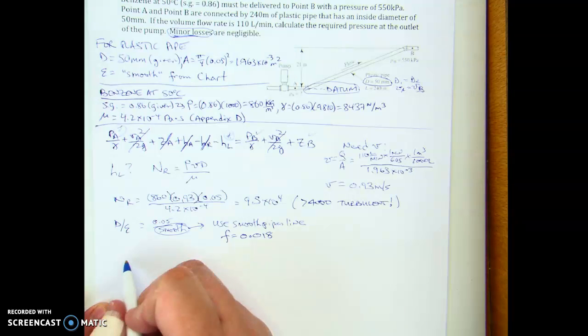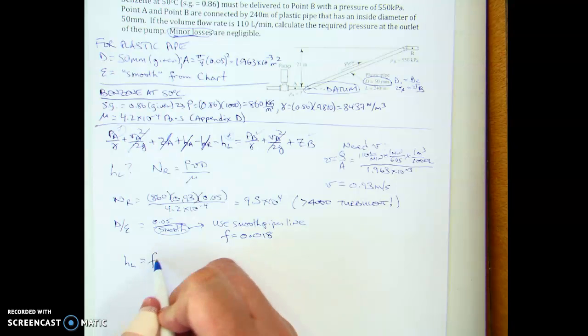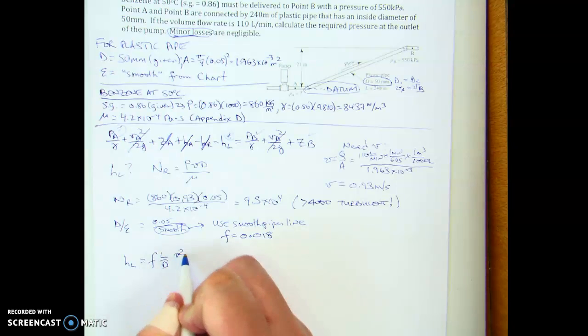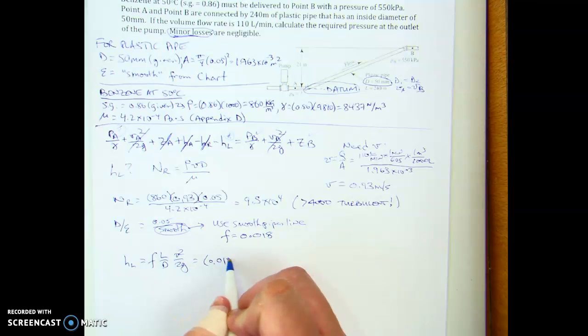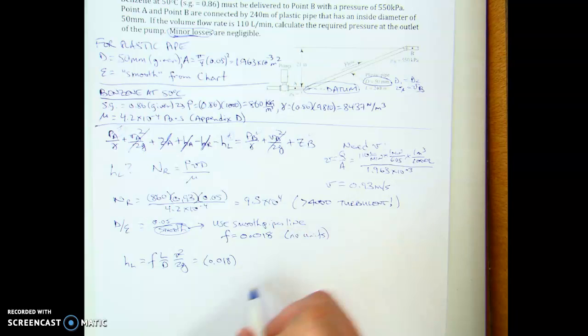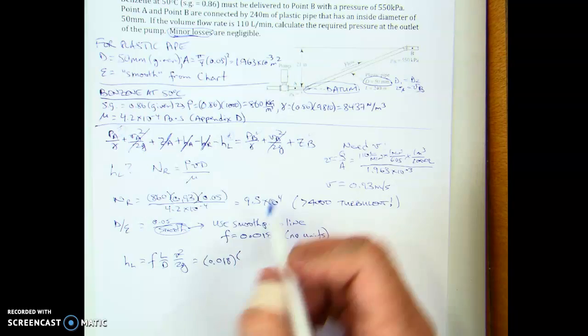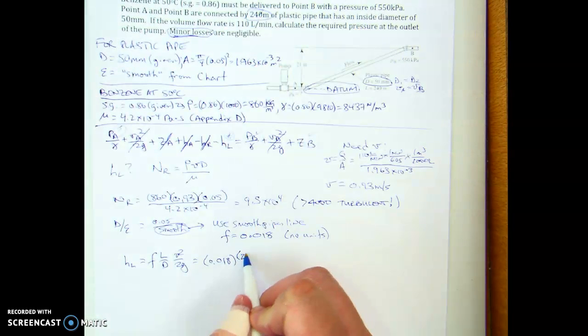Alright, now we go to our Darcy's equation. Remember, for turbulent flow, we can only use the Darcy's equation. F L over D times V squared over 2G, 0.018. No units, by the way, if you were wondering. Dimensionless. L we were given as 240 meters.